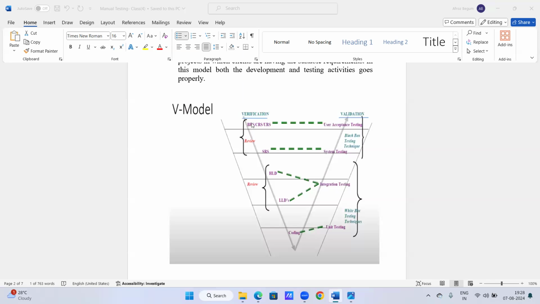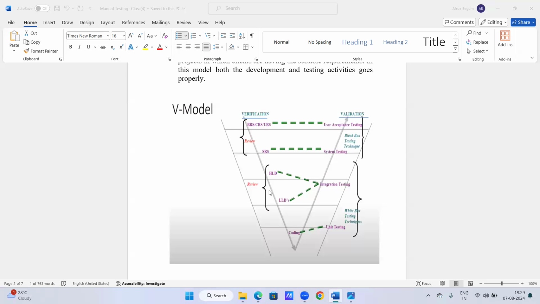So while preparing the BRS document, the BU team, the people involved in the business unit team, will conduct some reviews on it. Review means what? What is the exact meaning of review? Review means to ensure the document is complete and correct. So we have to make sure these documents are perfectly correct and complete. That is going to be tested in the form of review.